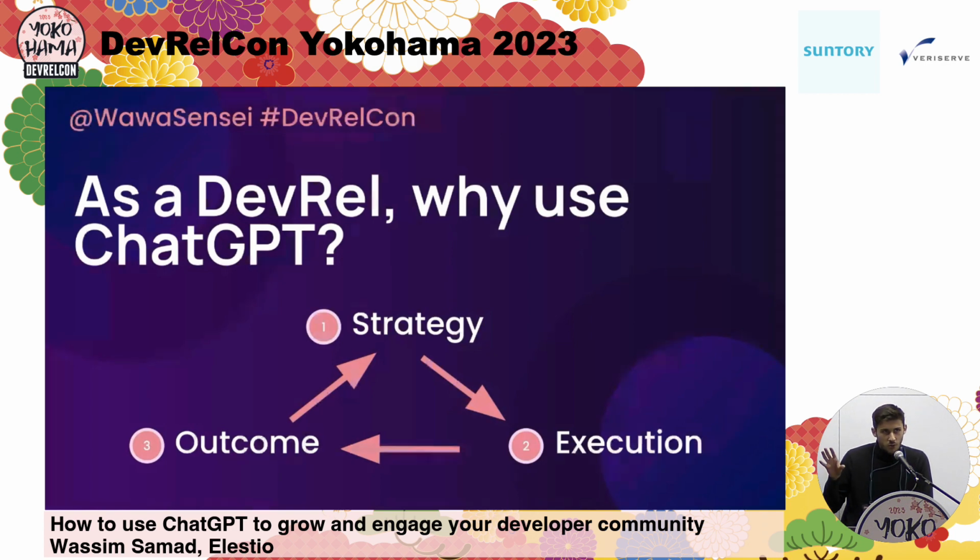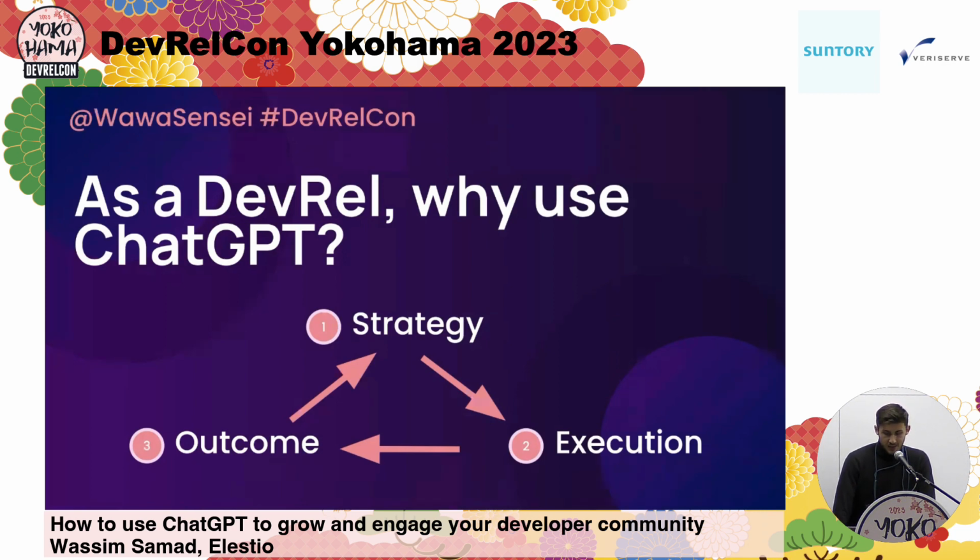So as a DevRel, why would you use ChatGPT? If you are not working in a free-form way, usually what you do is you define a strategy. You have resources, budget, and time, and you need to find the perfect formula to build your communities and grow your audience.